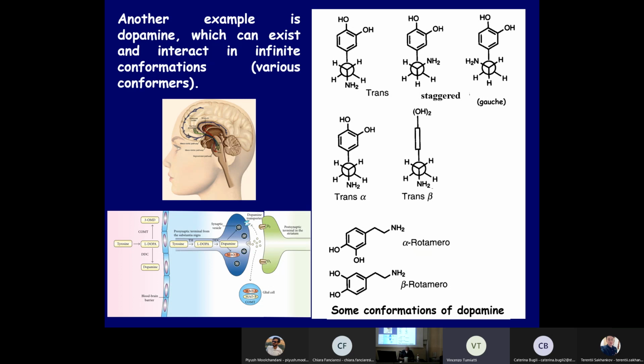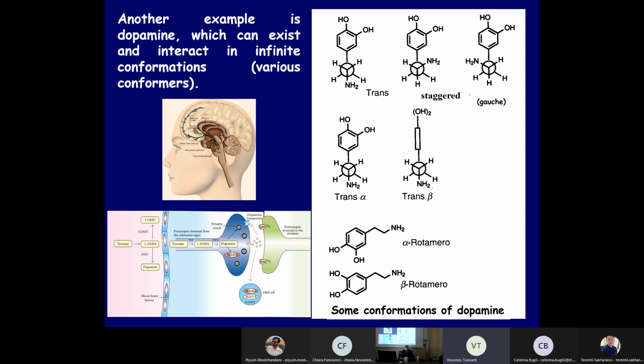Here, I'd like to show you another interesting example of the frozen analog approach. In this case, this approach was applied on the molecule of dopamine. Why dopamine? Dopamine is very important in our CNS to control the fine movements.